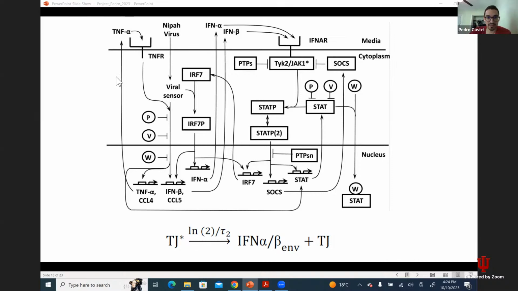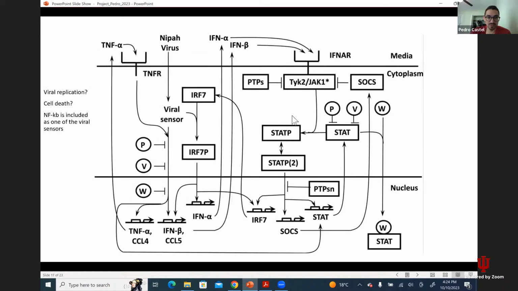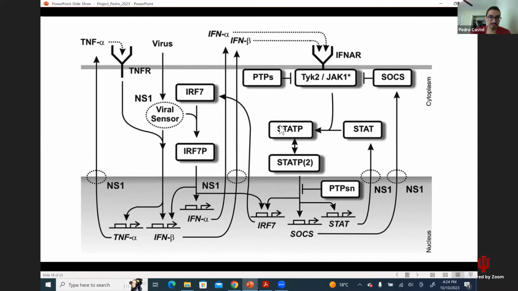So what I thought I was going to do, yeah, so there's no viral replication, there is no cell death. Yeah, that's it. So this is a simplified version from another paper, which basically grabs this network and writes it specifically for influenza infection. Much simpler, but again, all the same inconsistencies.